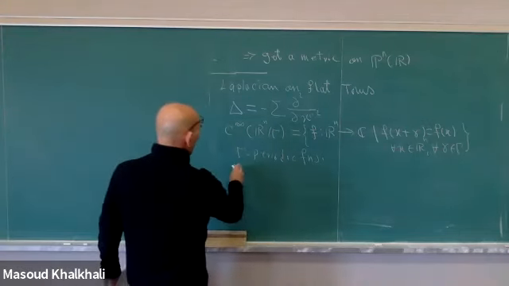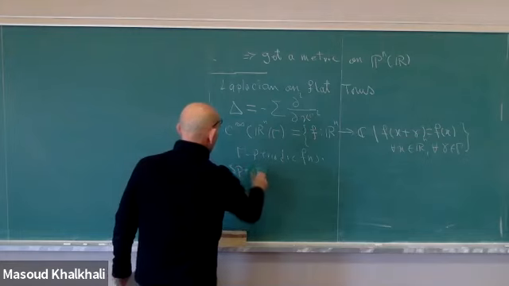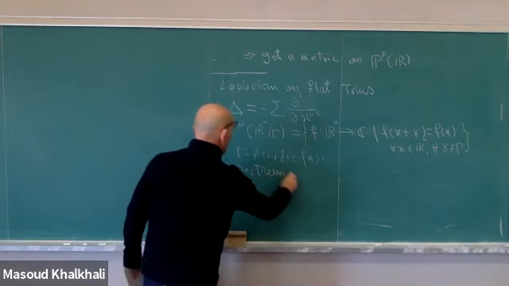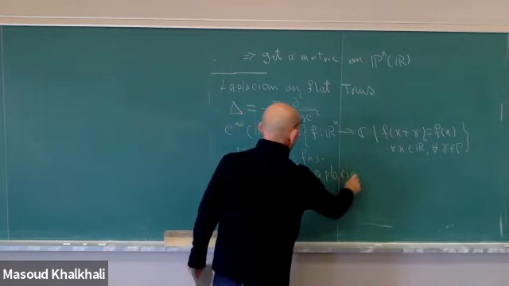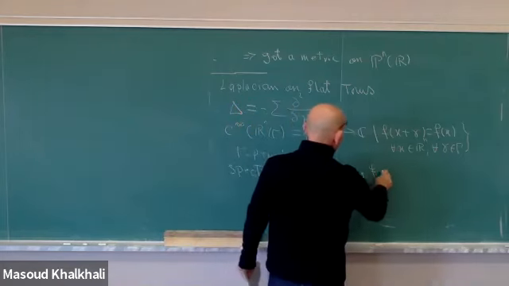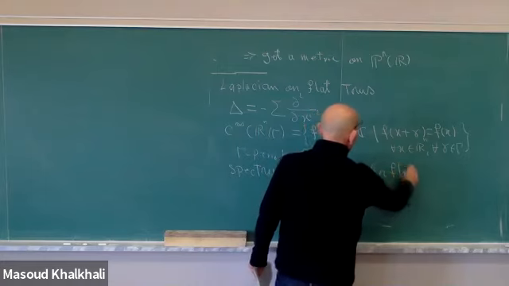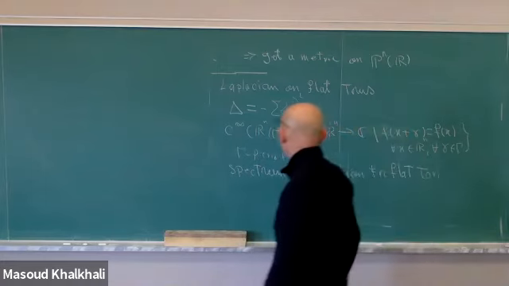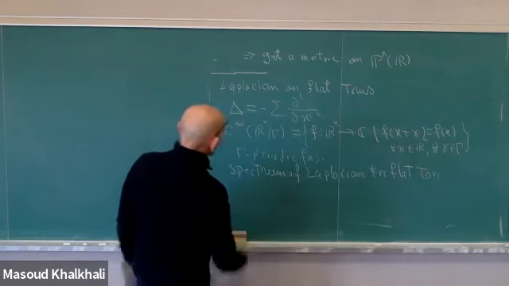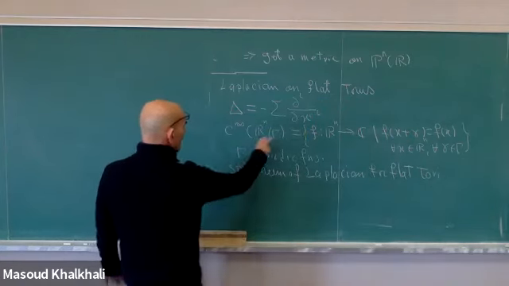Now we want to look at the spectrum of the Laplacian for flat tori. So the gadget that we are fixing is this gamma.